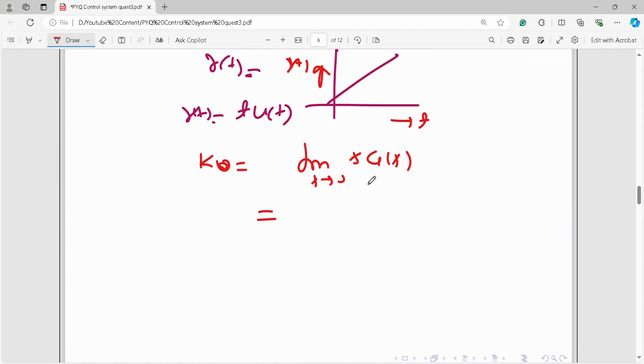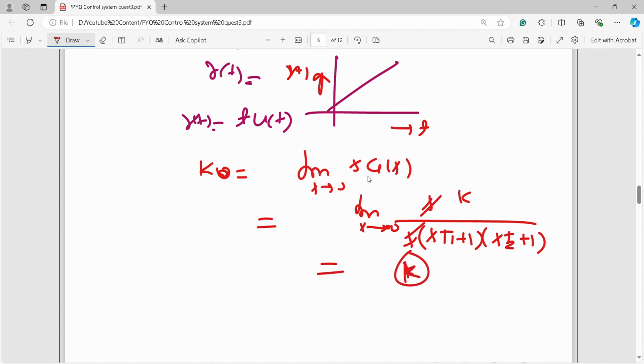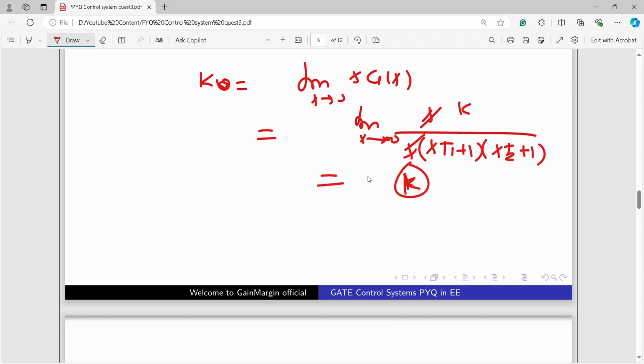Here you can see K by (s t1 plus 1)(s t2 plus 1), so s has cancelled out. It means you will get the constant K value. So what is the error? The error for this is finite, 1 by K. If you increase the K value, the DC gain, the error will be reduced. So for ramp input, this system shows a finite error.